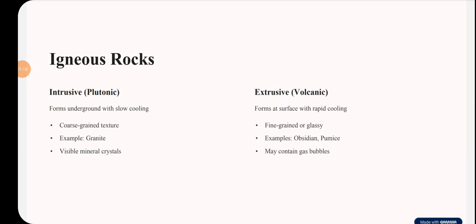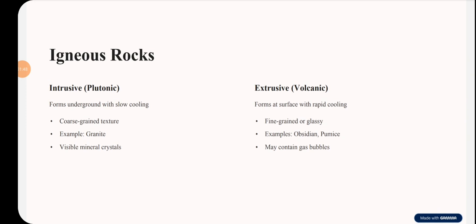So here are examples of igneous rocks. Intrusive rocks form underground with slow cooling. The difference between intrusive and extrusive is that extrusive rocks are formed at the surface with rapid cooling, and intrusive rocks are formed underground with slow cooling.